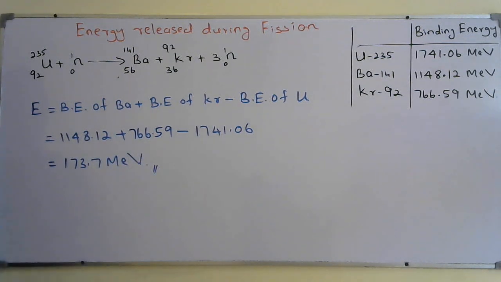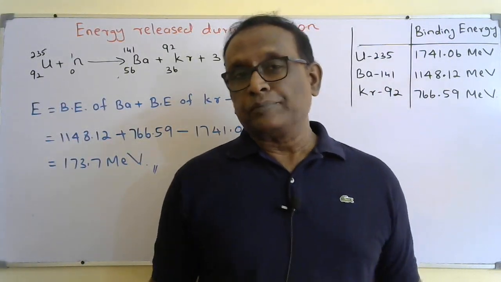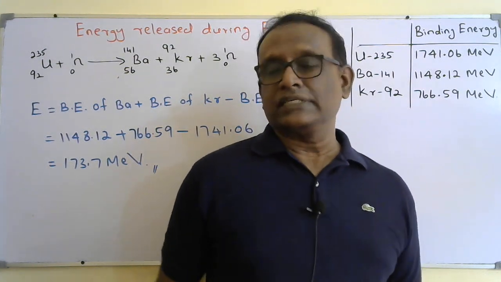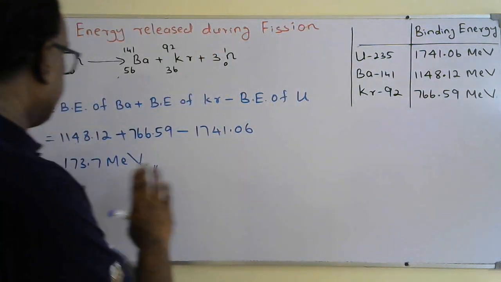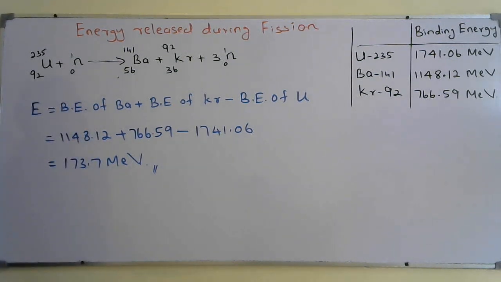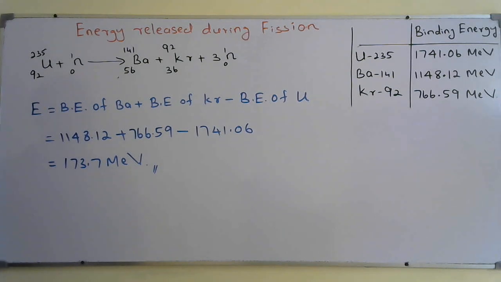Exactly the same answer we got when we used the total mass energy approach or mass deficit method, both the same. U stands for uranium, Kr for krypton, Ba for barium.